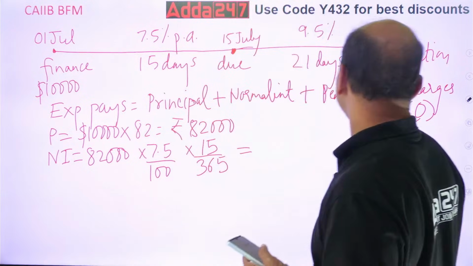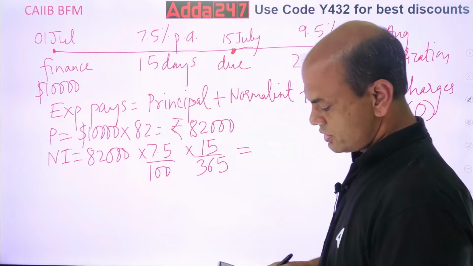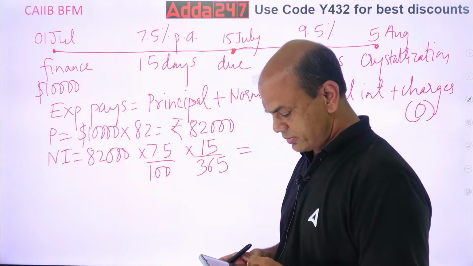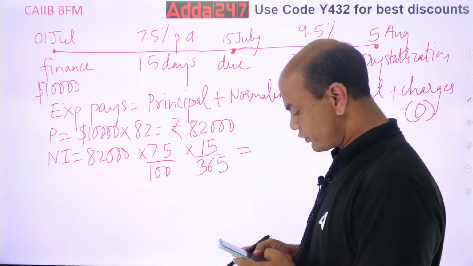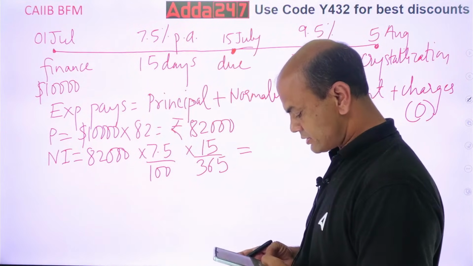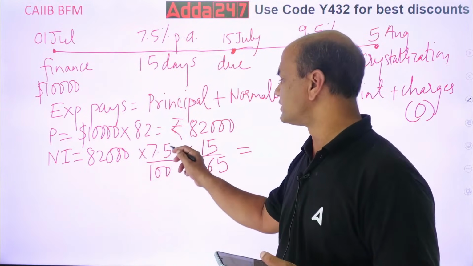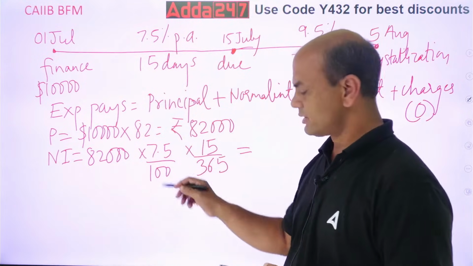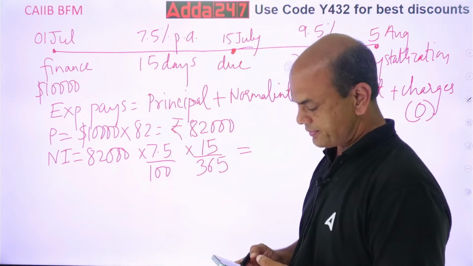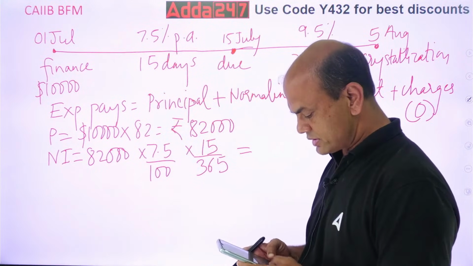So 7.5 upon 100, into 15. First do all the numerator: 82,000 into 7.5 into 15, divided by 365 and 2 zeros.